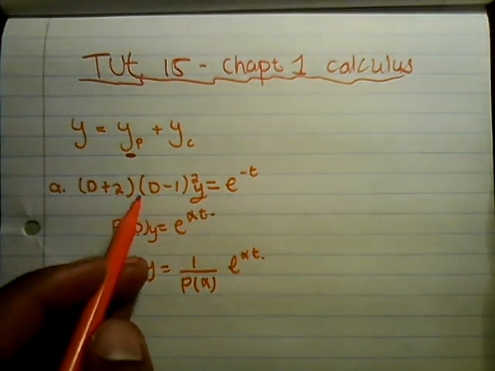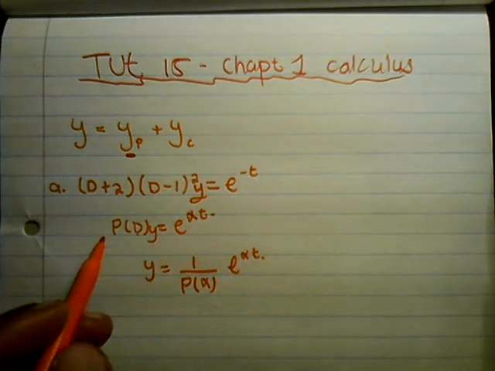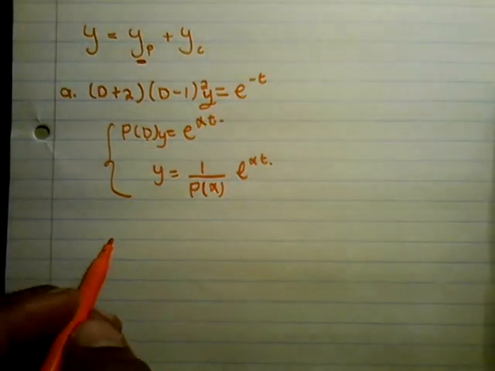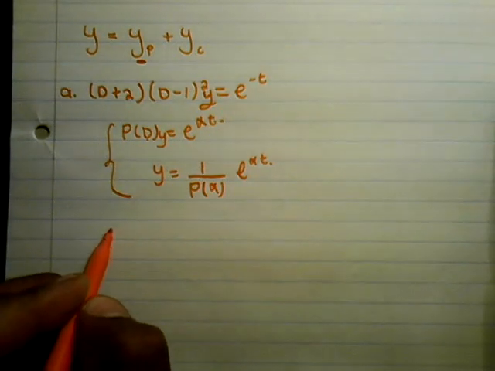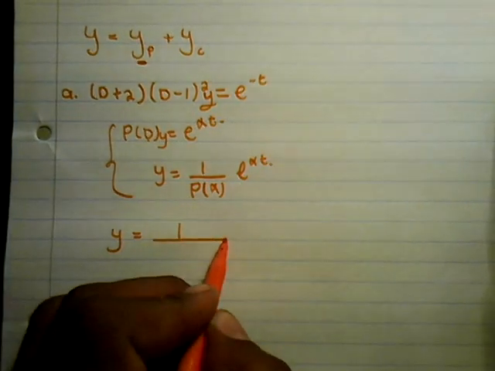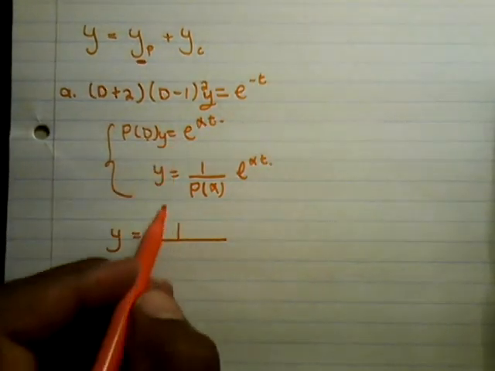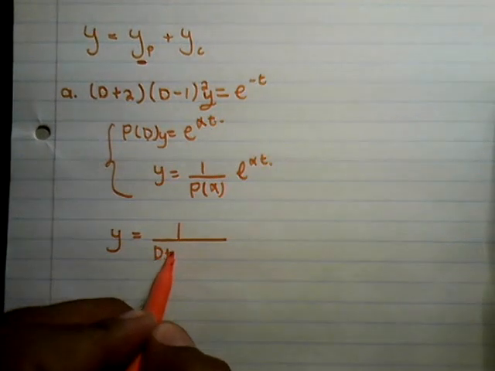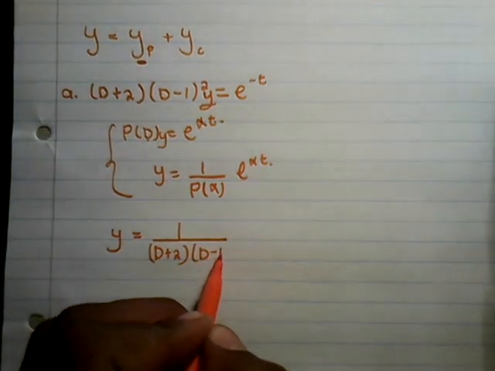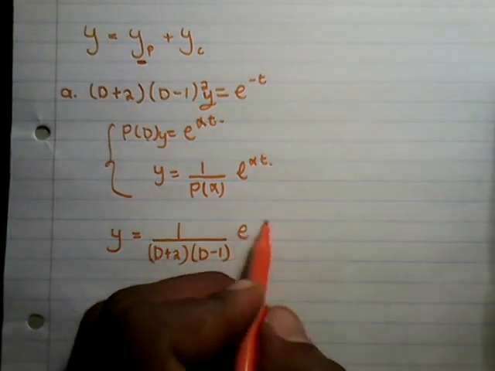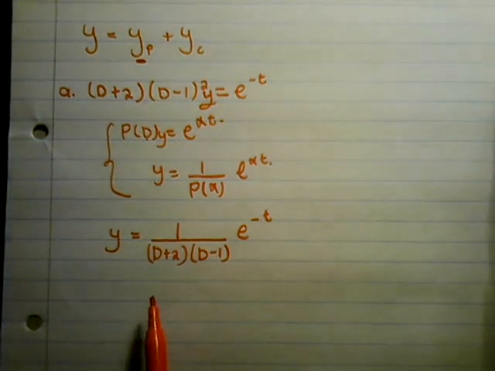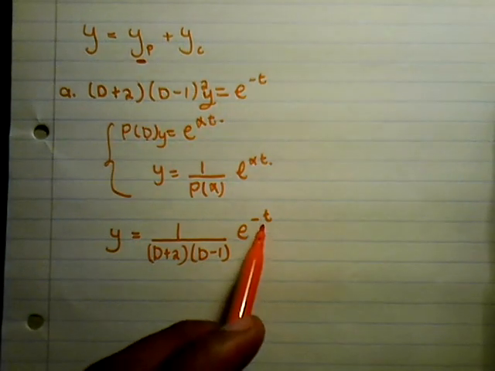Now solving this question using this, we say y is equal to 1 over (D plus 2) multiplied by (D minus 1) squared, e to the power of minus t. Now we substitute alpha.